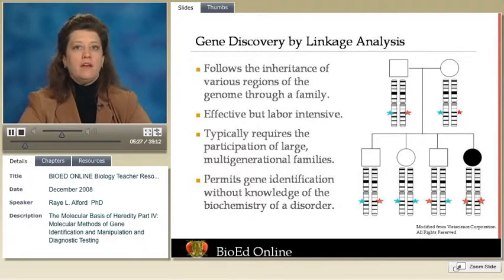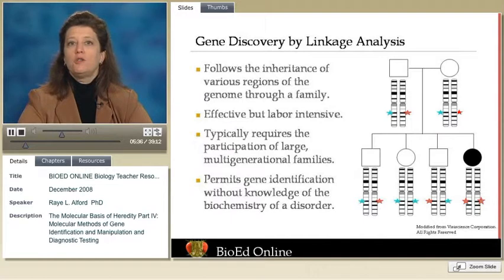On the other hand, if a disorder is caused by mutations in more than one gene, linkage analysis will be more successful if large multi-generational families are used, because two different families might have the disease because of mutations in different genes. In these cases, the linkage data would appear contradictory and would not be additive.